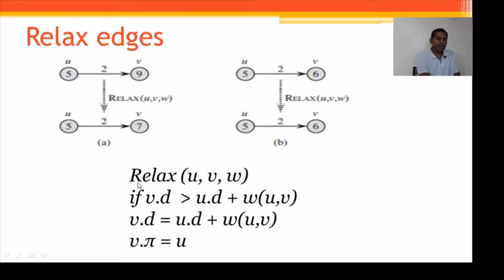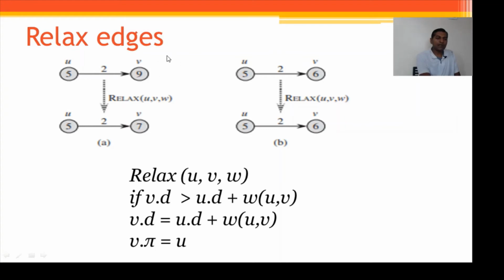This function is defined here, relax u v w. If the distance of v, v.d, which is 9 here, is greater than u.d, which is 5, plus the weight of u comma v, which is 2, this 5 plus 2 is smaller than v.d. That is why v.d will be changed to u.d plus w(u,v). So 5 plus 2, 7, is considered as the distance of v, and it has been assigned, so that the predecessor of v, v.pi, is u.